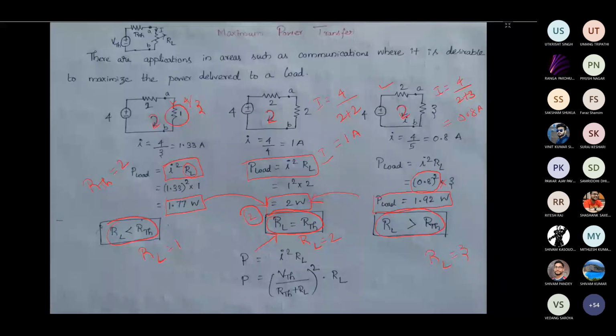Okay, so the maximum power transfer theorem says that whenever the load resistance is the same as the Thevenin resistance, R Thevenin, considering this as the Thevenin equivalent circuit, then only can we transfer maximum power to the load.